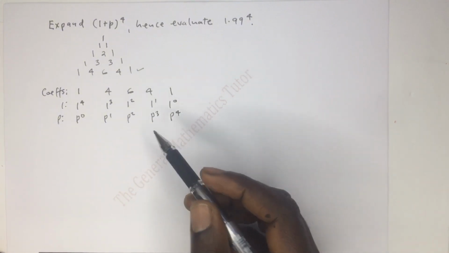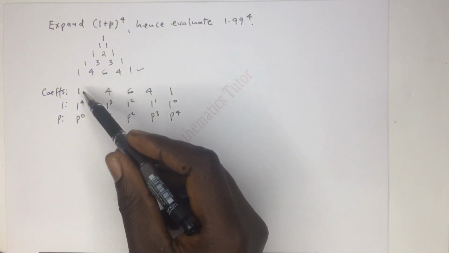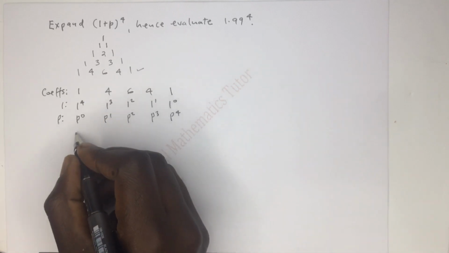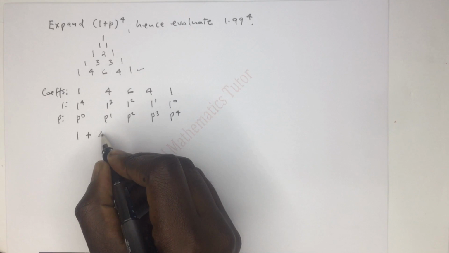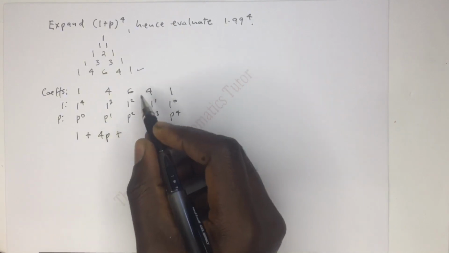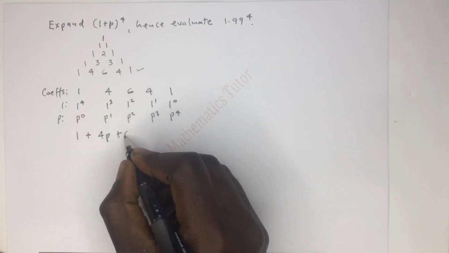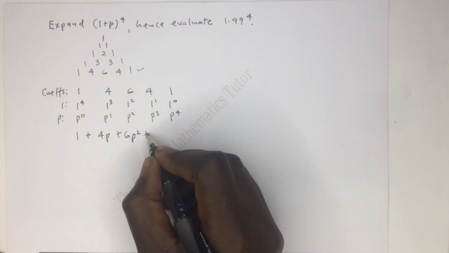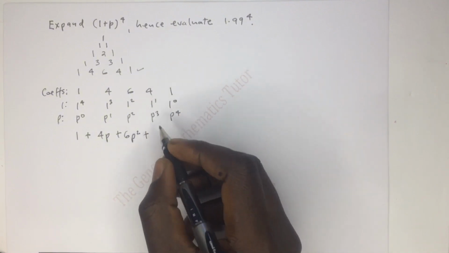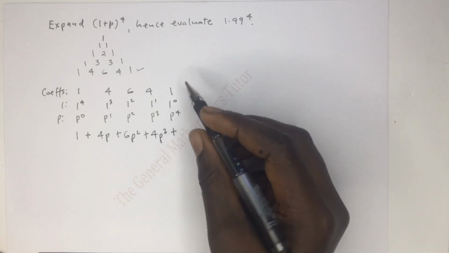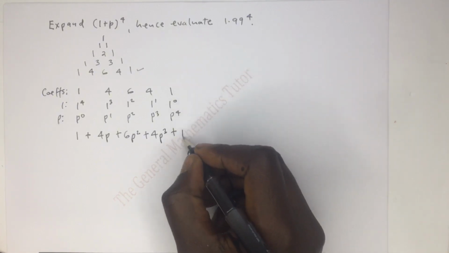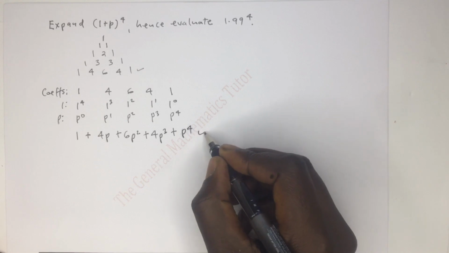So all we need to do is just multiply them down. So we have 1 times 1 times 1, which is just 1, plus 4 times 1 times p, that is 4p, plus 6 times 1 times p squared, that is 6p squared, plus 4 times 1 times p cubed, that is 4p cubed. And finally we have 1 times p power 4. So that is the expansion.